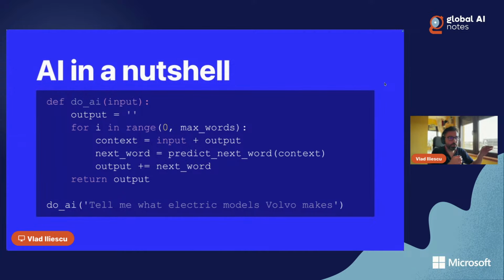So in a for loop, the purpose of GPT is to just predict the next word given a context. In this case, the initial context is just the input, the thing we're asking: what electric car models does Volvo make? Then it predicts a word, adds that word to the context, and then uses that to predict the next word, and the next word, and so on. So it's not necessarily about reasoning.